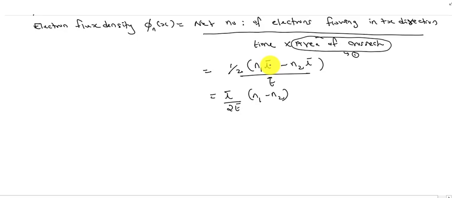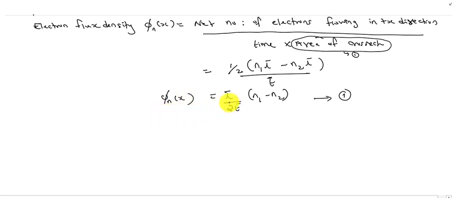It is a net flow of electrons per unit area per unit time. This is equation number 1, phi n of x, electron flux density.